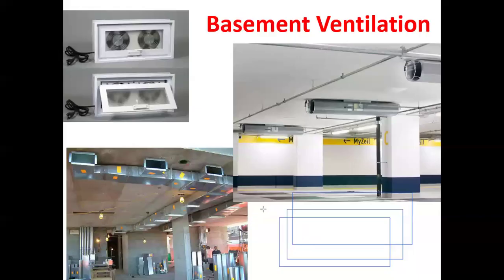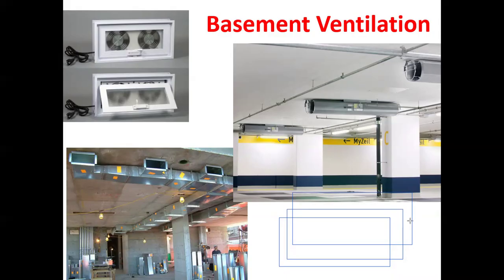What is a vertical shaft? It means a hollow shaft area. What is the purpose of the hollow shaft area? Here you will be having these fans. Here you can see three different basements: basement one, basement two, basement three. In order to provide fresh air for basement three, I definitely need a shaft area.